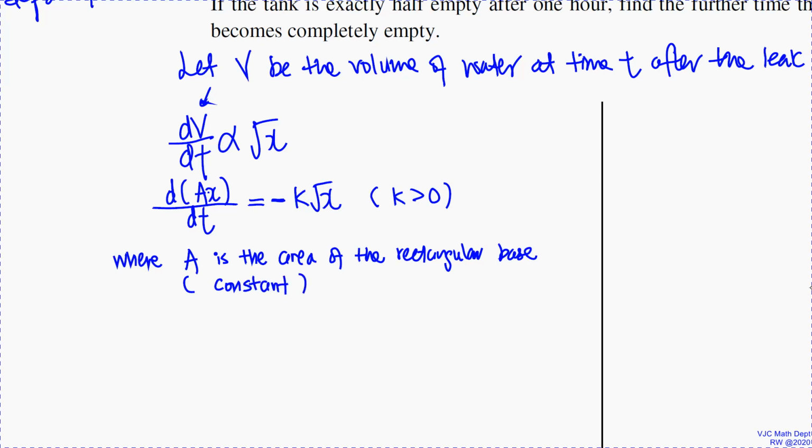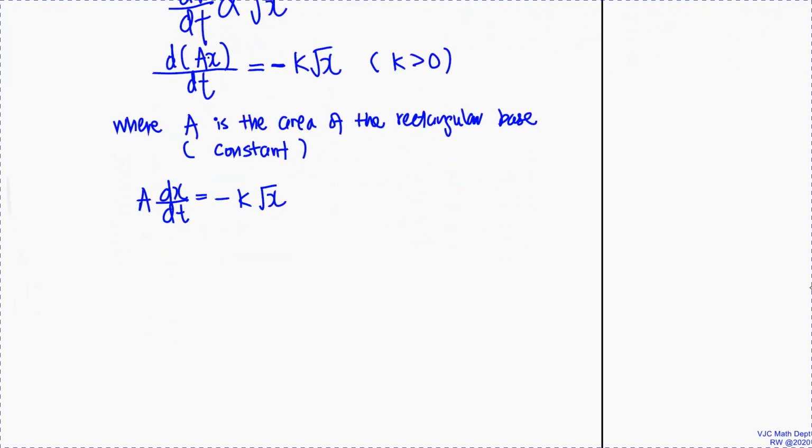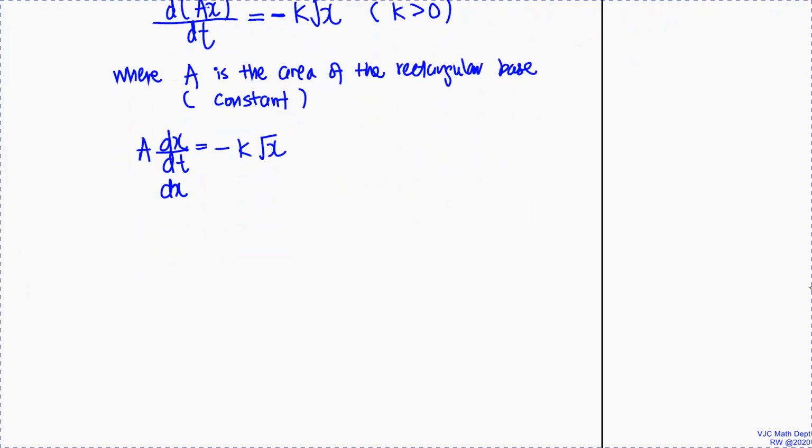No matter what the height of the water is at any point in time, the area is a constant. So because A is a constant, we can say A dx/dt equals minus k root x. Then dx/dt equals minus lambda root x, where lambda equals k over A, and lambda is positive. If k is a constant and A is a constant, k over A must be a constant.